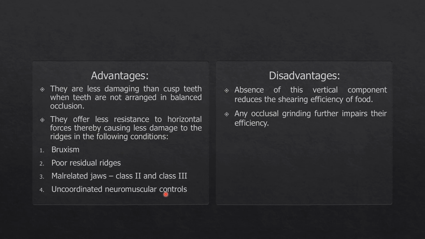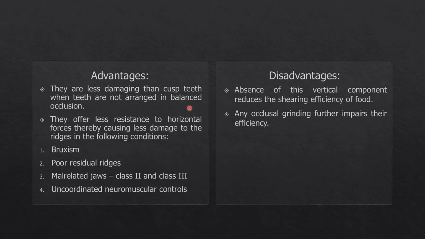Patients with Parkinson's disease or trigeminal neuralgia, or who have had different degrees of stroke, cannot maintain or stabilize the jaw for a long time in a particular position. In such cases we cannot give anatomic teeth, as they will create more horizontal forces. So zero-degree teeth are efficient in such cases.